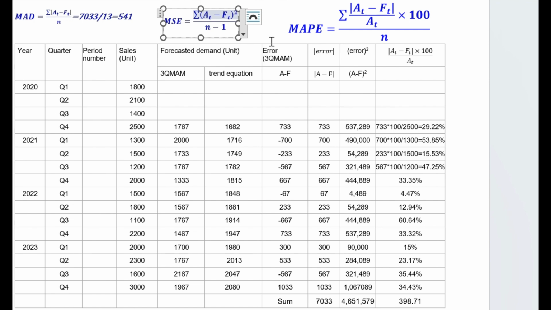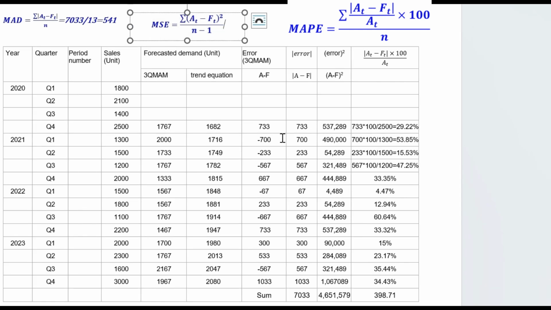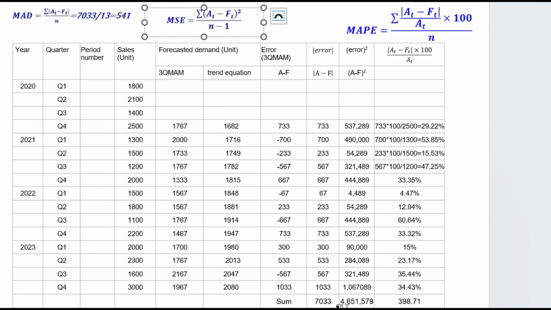For MSE, it equals the summation of the square value of the error divided by n minus 1. So the summation of the square value of the error is 4,651,579.